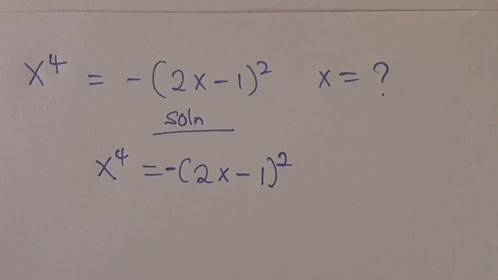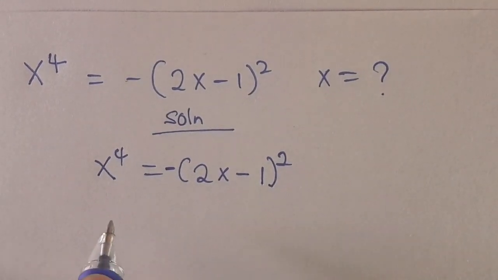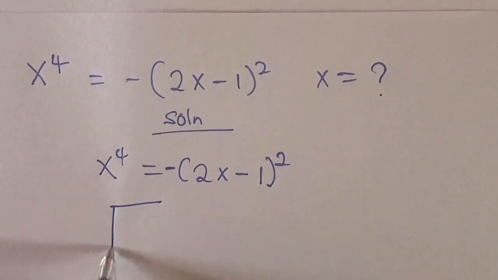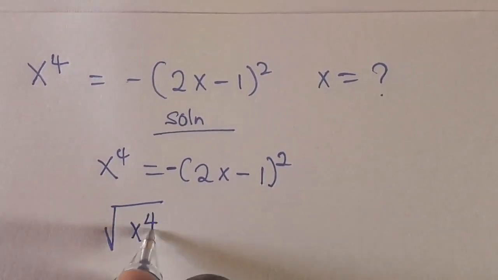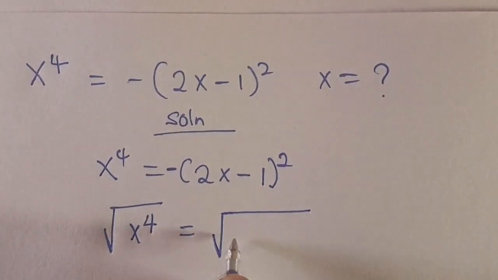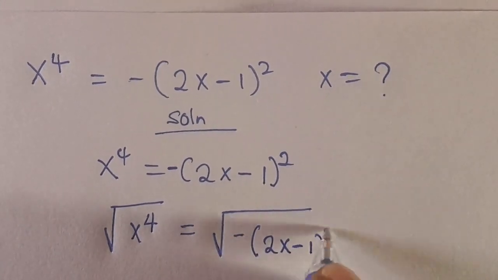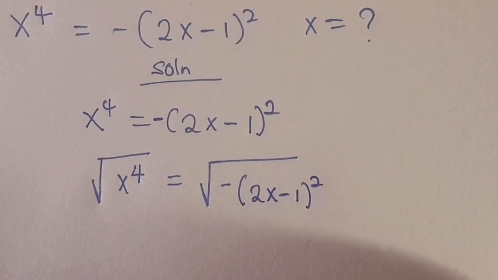Now let us take the square root of both sides. The square root of x to the power of 4 equals the square root of minus times (2x minus 1) all squared.